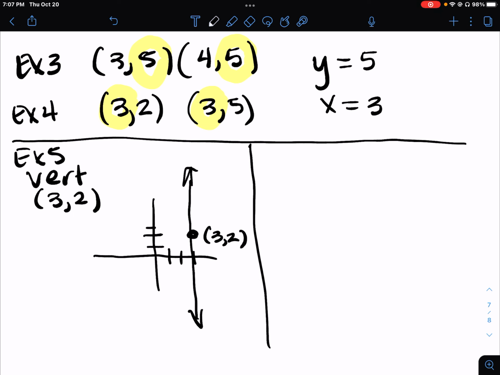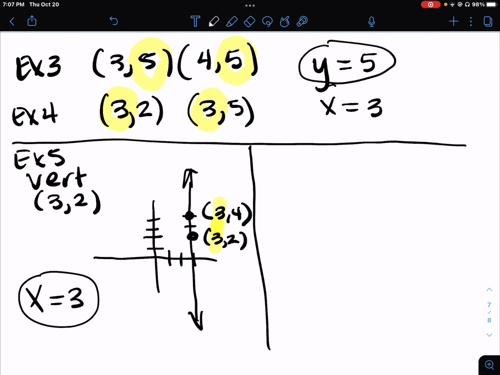Let's look at this point right here. That's over 3 up 4. So we can see that all those x's are 3. Okay, so these are special equations that are vertical or horizontal.